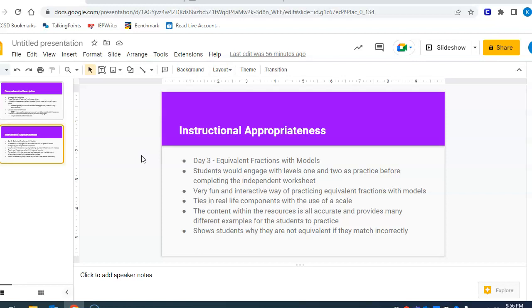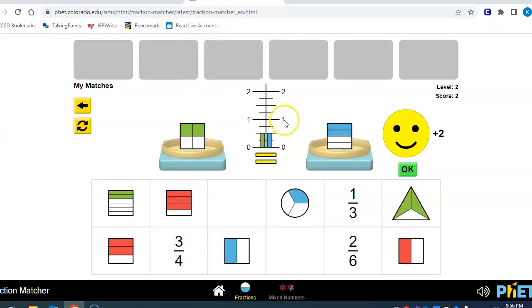The content within the resource is also all accurate and provides many different examples for the students to practice. Every match and pair that I have tried on the scales that I know are accurate. So that is awesome because we want the resources that we are using with our students to be accurate.